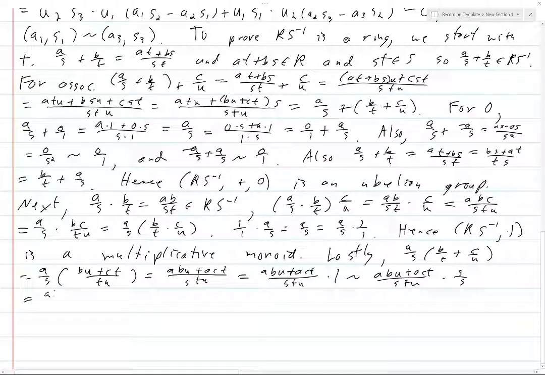And this is ABSU plus ACST over STSU, because you bring the S over and then you move things around a little bit using commutativity. This is AB over ST plus AC over SU, which I'm just going to write as A over S times B over T plus A over S times C over U.